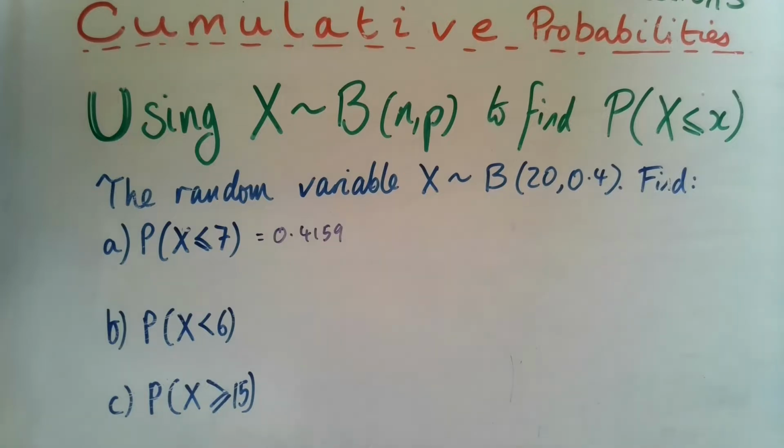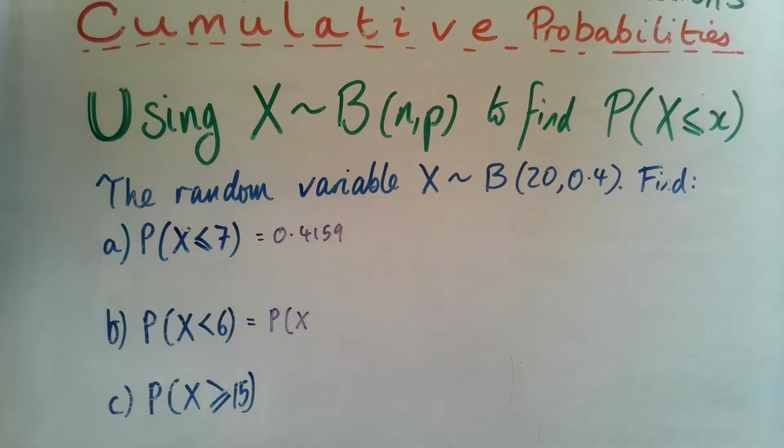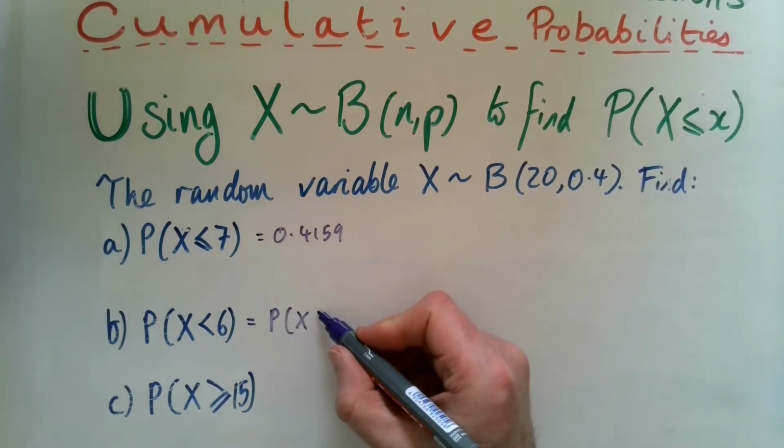Then, next up, it says probability that it's less than 6. Now the tables all include the probability of 1 or less and do it cumulatively like that. So what we need to say is that that's going to be the same thing, because we have whole numbers of trials. It's discrete, it's not continuous data, is it?